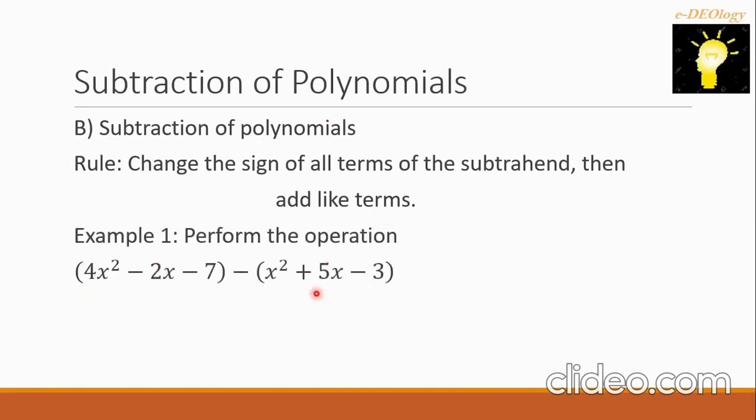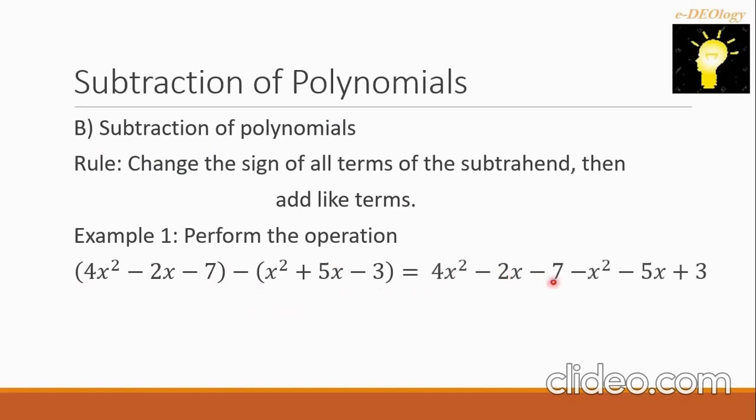We have two polynomials here. 4x squared minus 2x minus 7 is our first polynomial, minus the second polynomial, x squared plus 5x minus 3. So the second group is our subtrahend. We're going to remove the grouping symbol for these two groups, and then for the second group, we're going to change the sign.